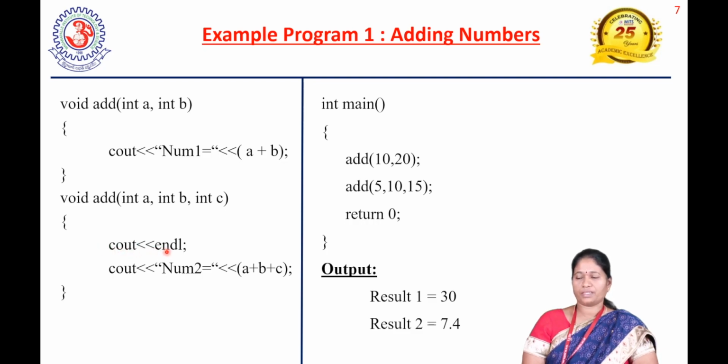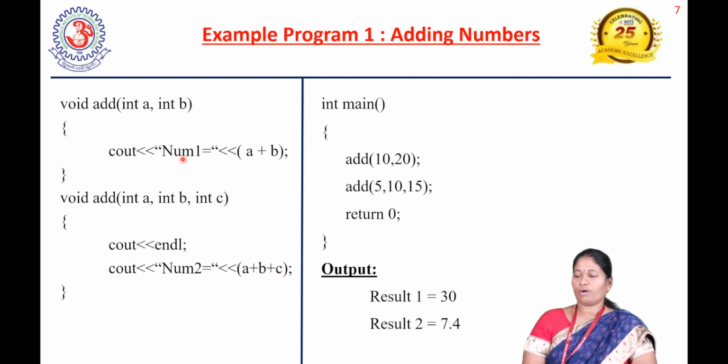The endl is used to bring the cursor to the next line. After that, to differentiate function 1 and function 2, I use number 1 and number 2. Here we are adding these three numbers a plus b. So this is the detailed description of the functions.